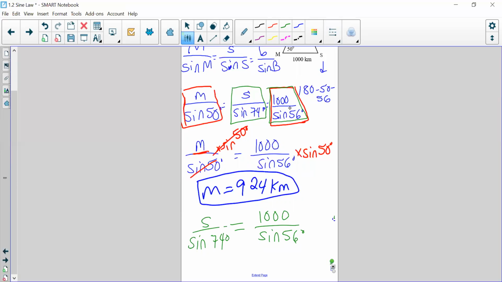When you look at your variable here, you can see again it's being divided. So I'm just going to multiply both sides by sine of 74. It'll cancel on the left. Multiply sine 74 on this side. So 1,000 divided by sine of 56 divided by sine of 74.